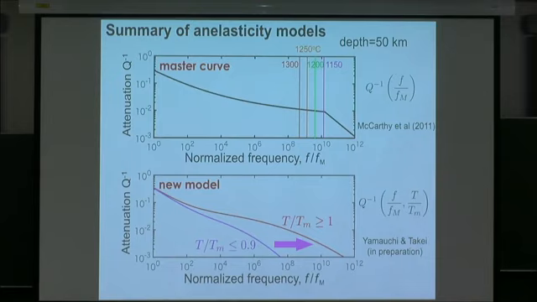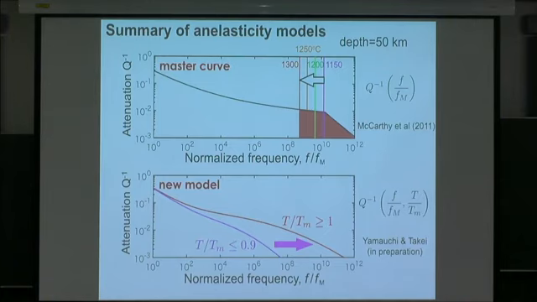So as temperature increases, the normalized frequency decreases like this, and the amount of velocity reduction by anelasticity is calculated by the integral of attenuation above this line. So as temperature increases, this integral increases from this blue area, green area, orange area, red area, like this.